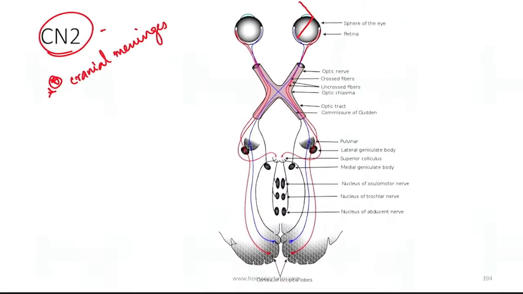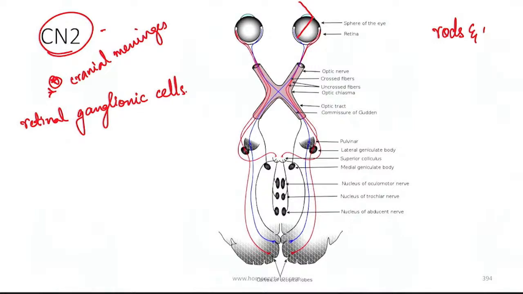Retinal ganglionic cells take up these impulses, and they also receive them via the photoreceptors. The receptors are actually the rods and cones. Rods and cones give the visual impulses or stimulus to these ganglionic cells.